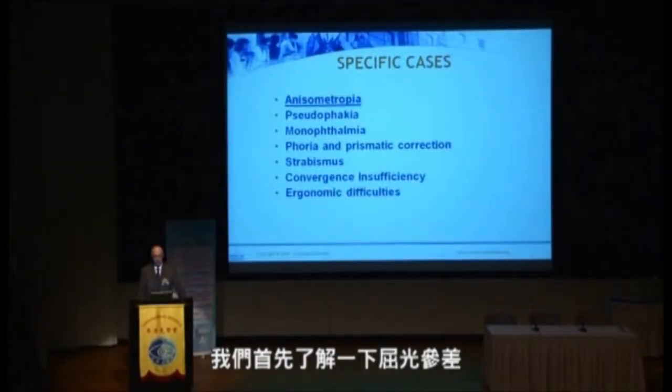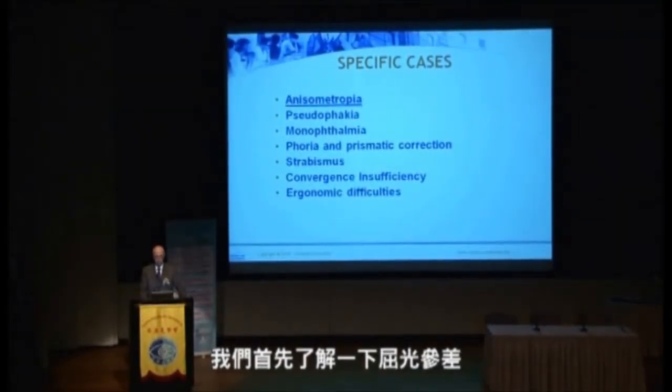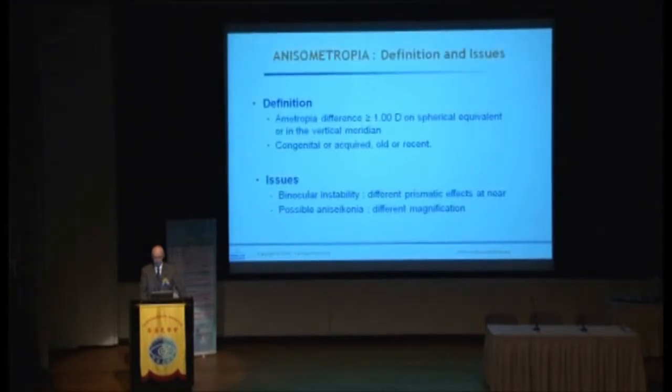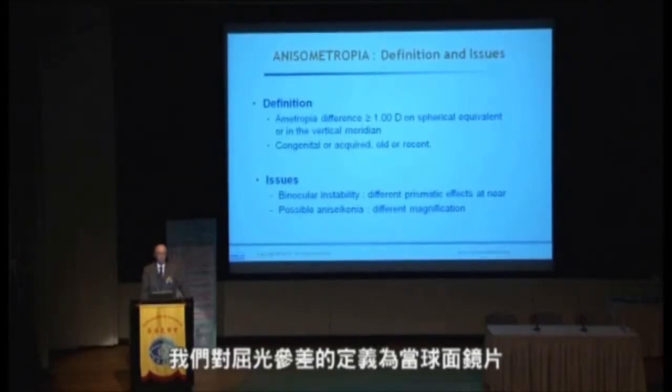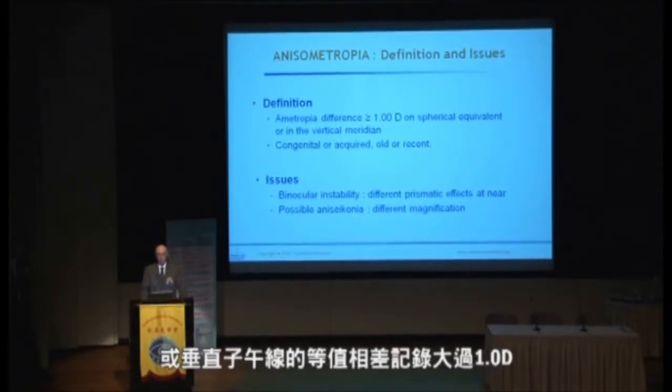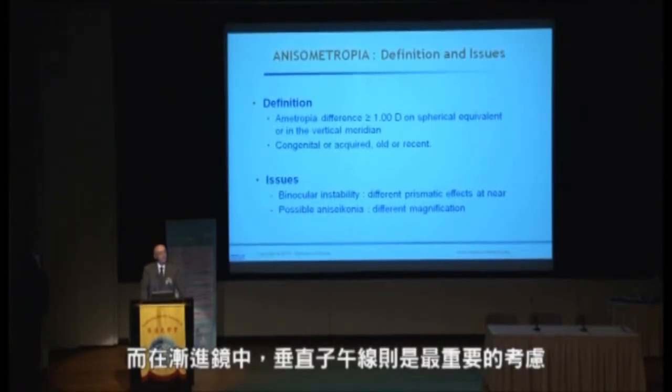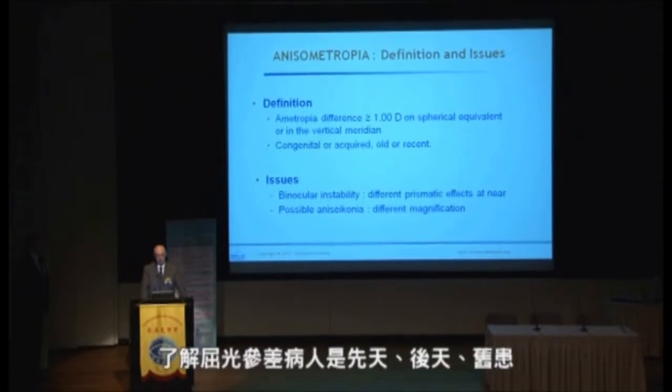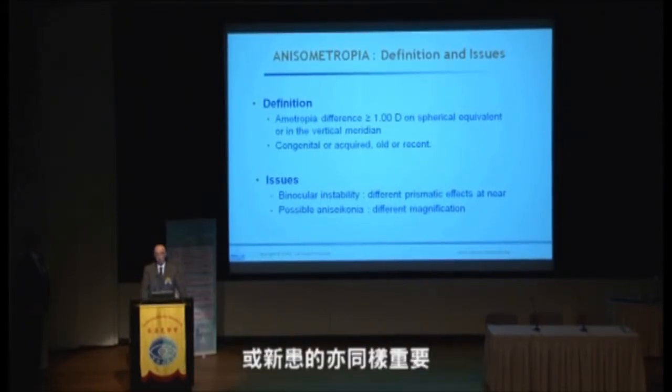First of the cases we're going to look at is anisometropia. The definition we're using is any difference greater than or equal to 1 diopter on spherical equivalent or in the vertical meridian. Because it's the vertical meridian that is of greatest concern, particularly with progressive lenses. It's also significant whether it was congenital, acquired, old or recent.